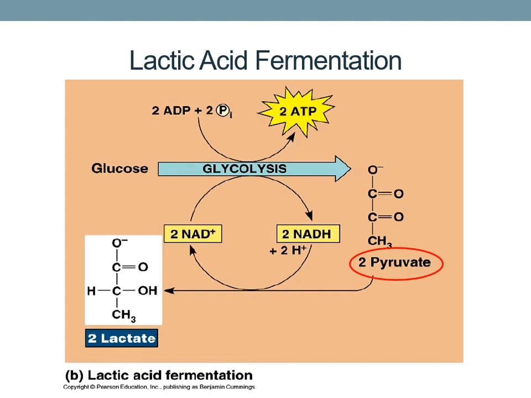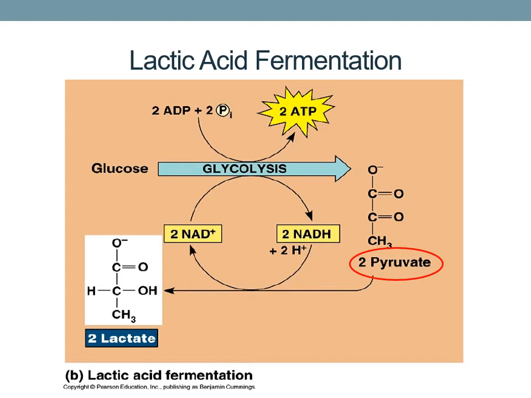Remember, 4 total ATP are made during glycolysis, but 2 ATP are used in the beginning of glycolysis, so we only get a net amount of 2 ATP molecules during glycolysis.